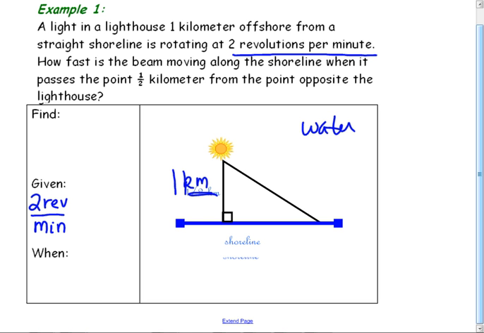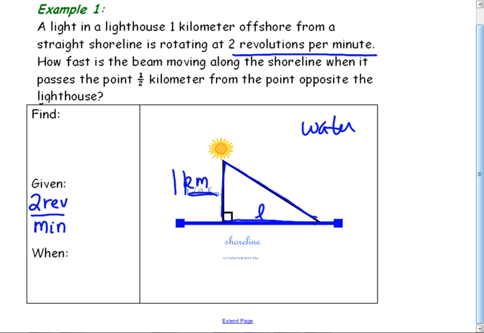So I'm going to take a snapshot looking down, and here's my triangle. My beam is going to hit the shoreline right here. What do you want to call this length? L? Okay. And it says, how fast is the beam moving along the shoreline? And then this got a little wordy. When it passes the point a half kilometer from the point opposite the lighthouse.